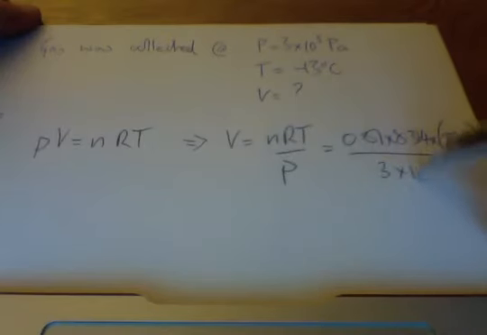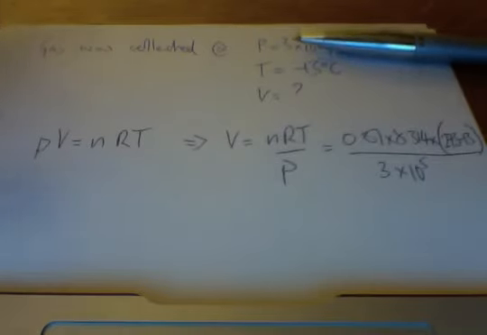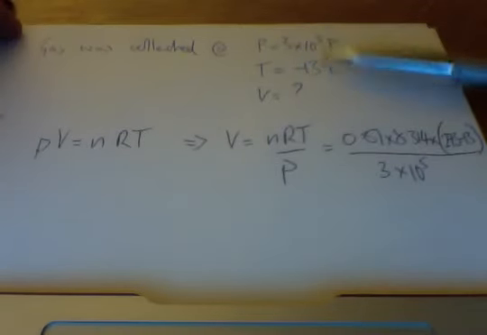Also increase the pressure greatly. Intuitively you should understand that you've increased the pressure, you're squeezing it more, and you're cooling it down, so the volume should be considerably smaller. And the volume in this case comes out to be 7 times 10 to the minus 5 cubic meters.